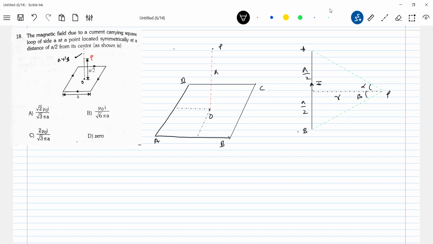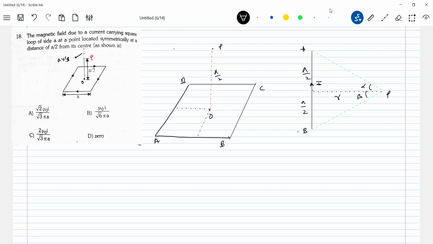This distance is A by 2, no? This distance is A by 2, and how to get that value of R actually? What is R actually?